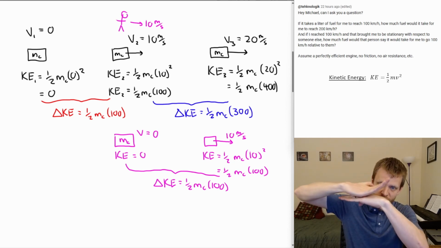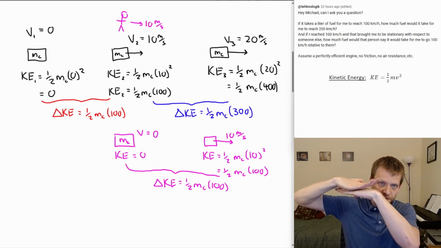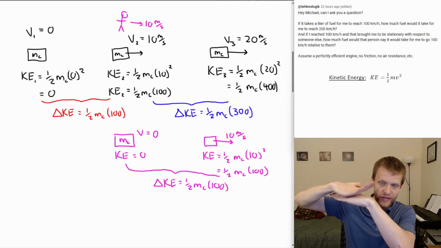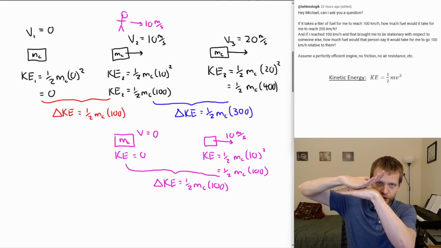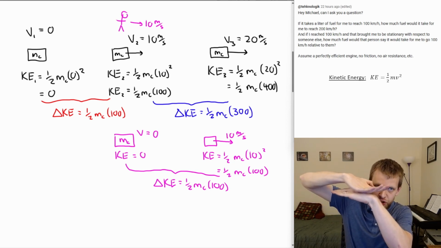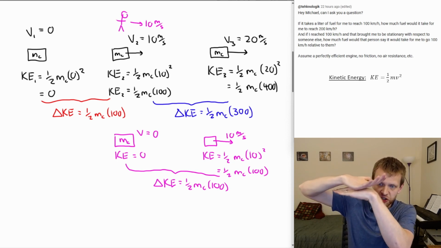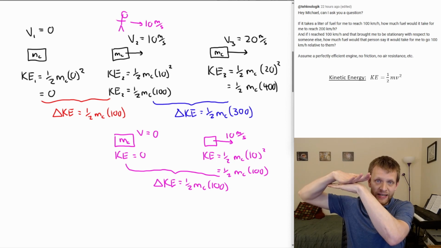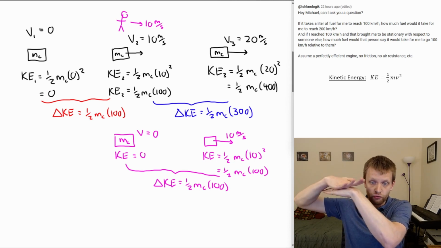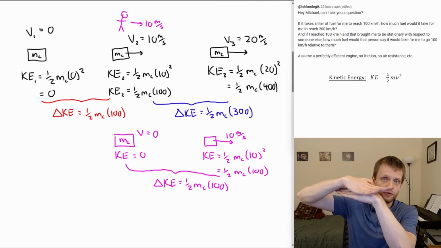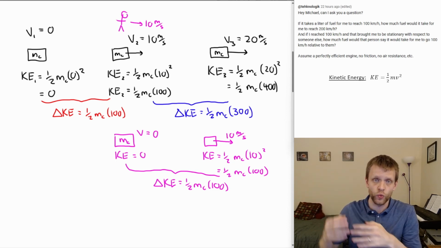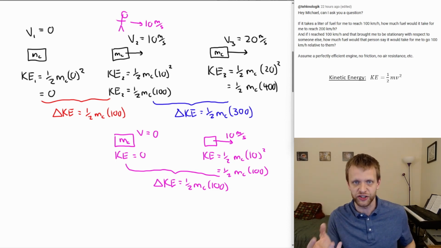So as those wheels try to spin, the frictional force between the wheels and the road is pushing backwards on the road. And if that wheel is pushing backwards on the road, by Newton's third law, the road is going to push forwards on the car.